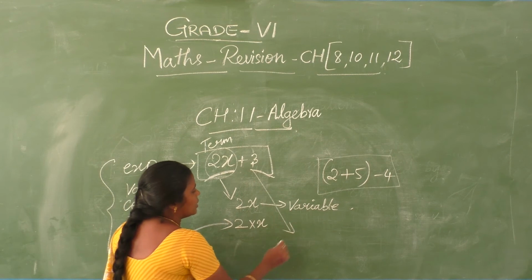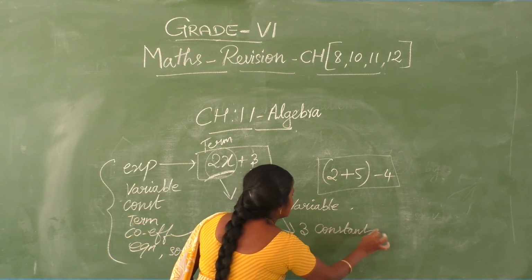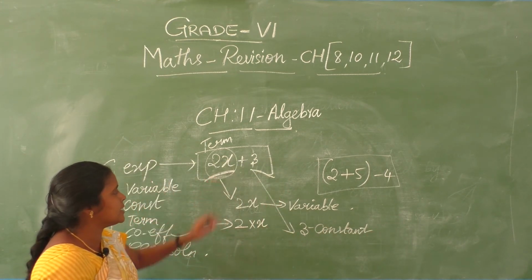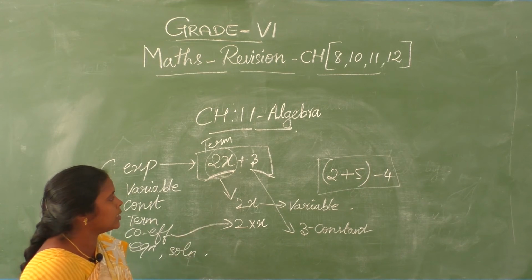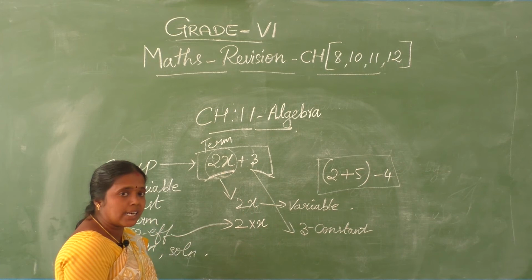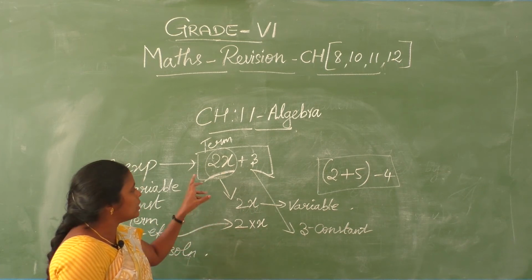What about this 3? 3 is called the constant term. It is a value which is fixed in that expression. Throughout the calculation 3 is fixed. That fixed term is called constant. Without being fixed, that means getting various values, that is called variable.